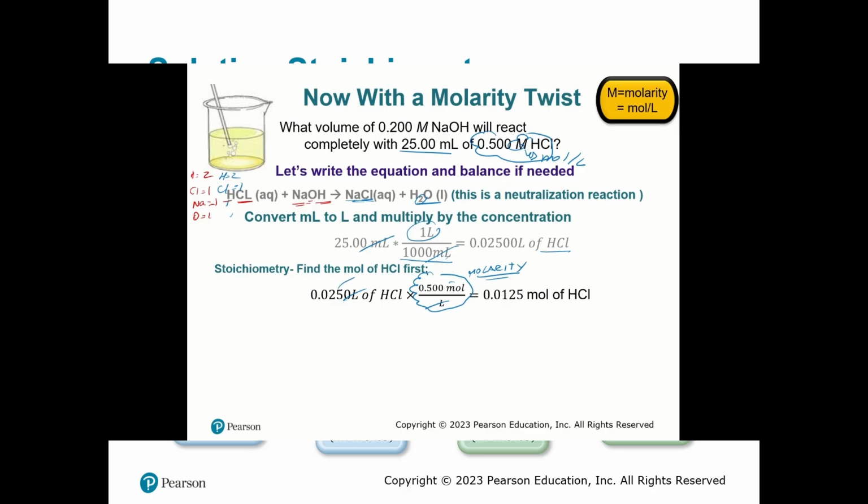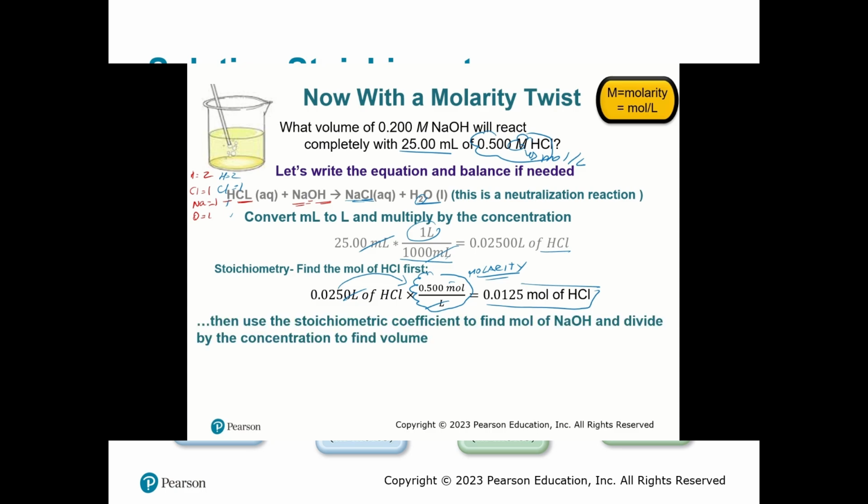I multiply 0.025 times 0.5, and I have the moles of hydrochloric acid: 0.0125 moles. So now, through the coefficients, I can find the moles of sodium hydroxide.